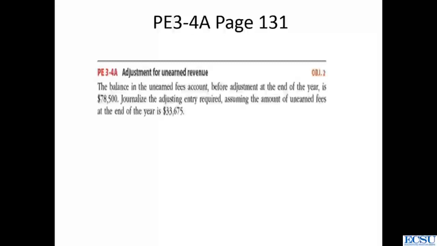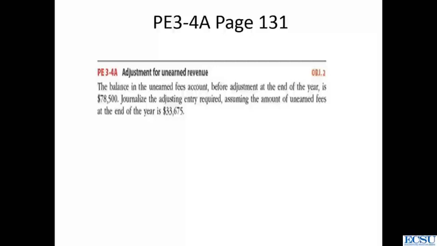Here again, we are going to take exercise 34A, page 131 of the textbook. The problem states the balance in the unearned fees account before adjustment at the end of the year is 78,500. Now, before adjustment means before the end of the period, the amount was 78,500.